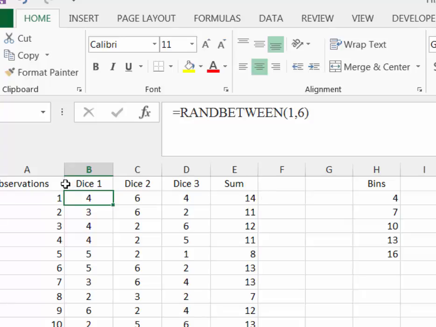I did this 10 times and took an average and got 11.4, which means that if I roll 3 dice 10 times and add them all up, I get an average of 11.4, and a standard deviation of, in this case, 2.27.